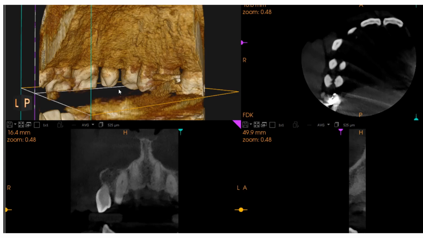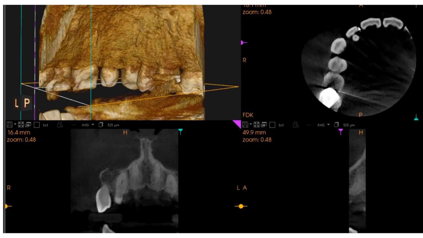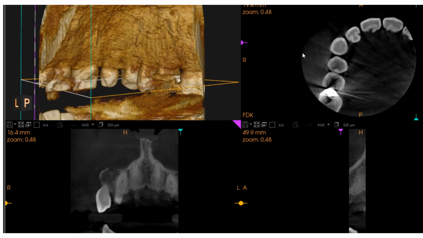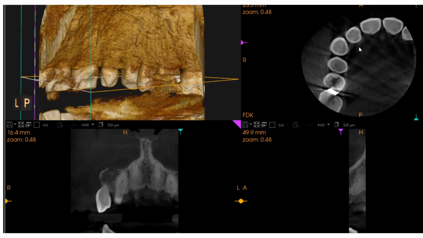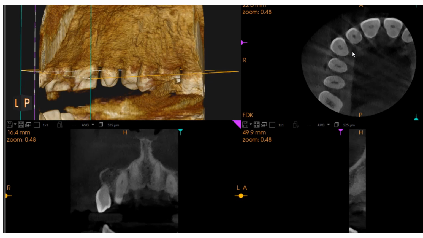So I took a CBCT and I found this is not dens invaginatus. This is a large cingulum, which can be seen here, a huge cingulum really. In the axial plane, as we go up, you can see that we don't have a dens invaginatus, and we've got the calcification in the canine.